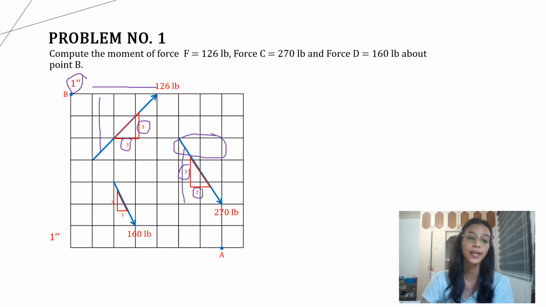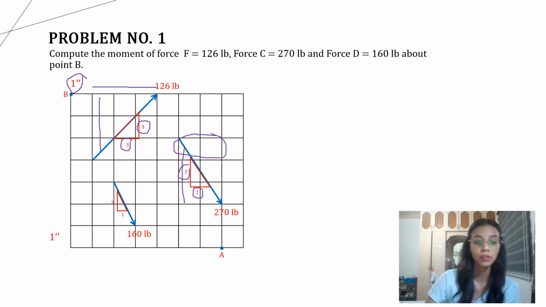And for our 160 pounds, with the line of action downward to the right, since it is covering 2 boxes, our y is 2, and only 1 box, so our x is 1.